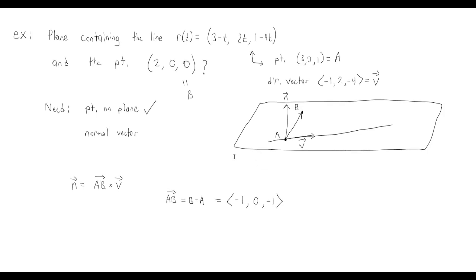So we're going to do the cross product. IJK. And here is vector AB. Here is vector V.